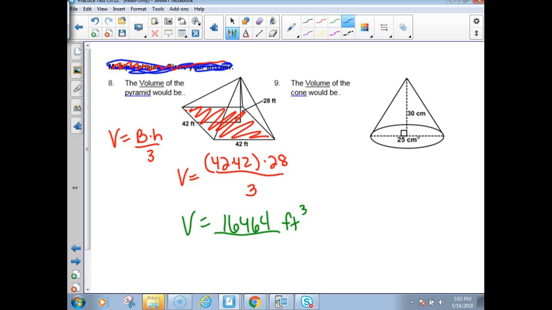All right, volume of a cone. Here's another basic question. You should know that you have to find the radius if you know the diameter. It would be half of the diameter, so it's 12.5. There's nothing to find. You just need to plug it in. Volume for a cone, pi r squared times the height divided by 3. And again, pi r squared is the base area. So our volume here is going to be pi times 12.5 squared times 30 divided by 3.